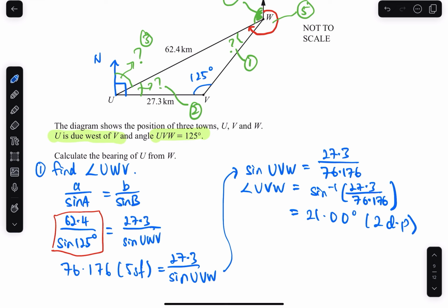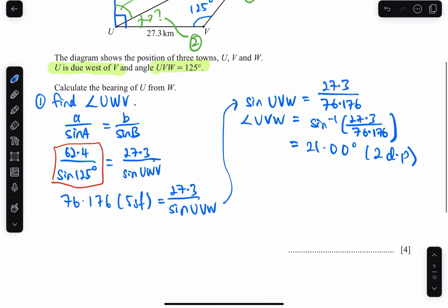Now I need to find angle number 2, which is WUV. I know two of the angles, so I just have to use the sum of angles in a triangle. Step 2: find angle WUV.